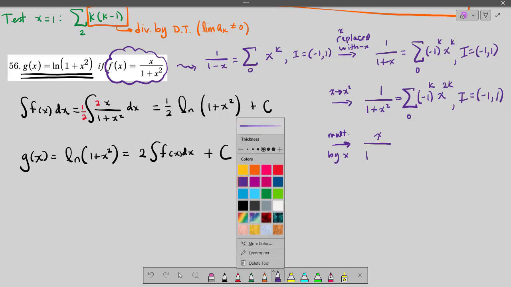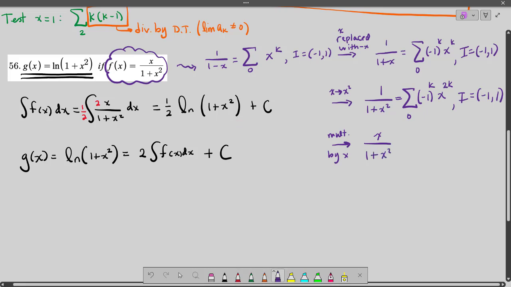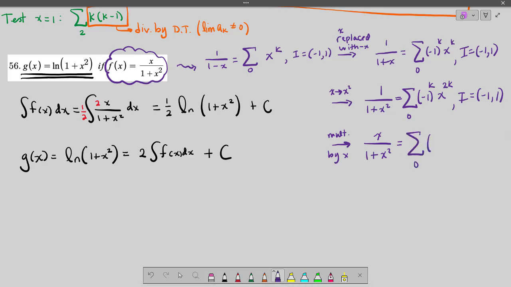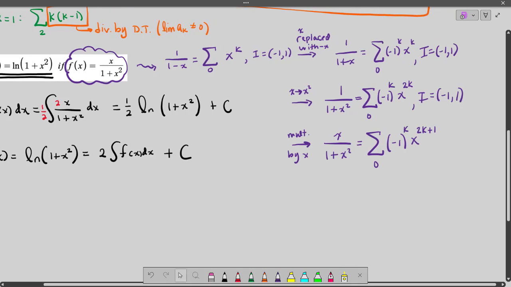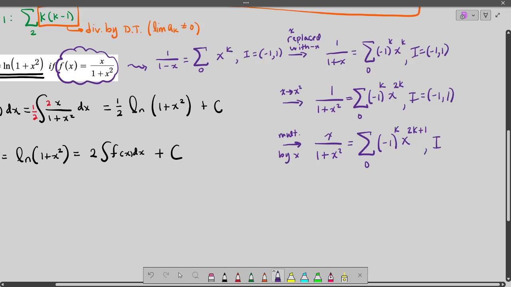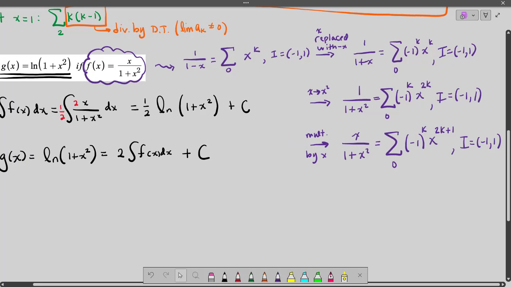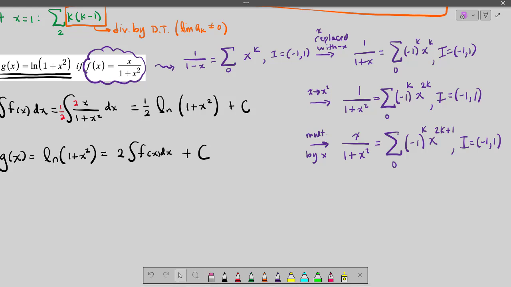When we multiply by a power of x, all we do is distribute it to the inside, and we have that. And this is one of the nice things: when you multiply by a power of x, it literally does nothing to the IOC. Interval of convergence is going to be the same. So that's convenient. So now we have the power series for f. There's the power series for f right there.